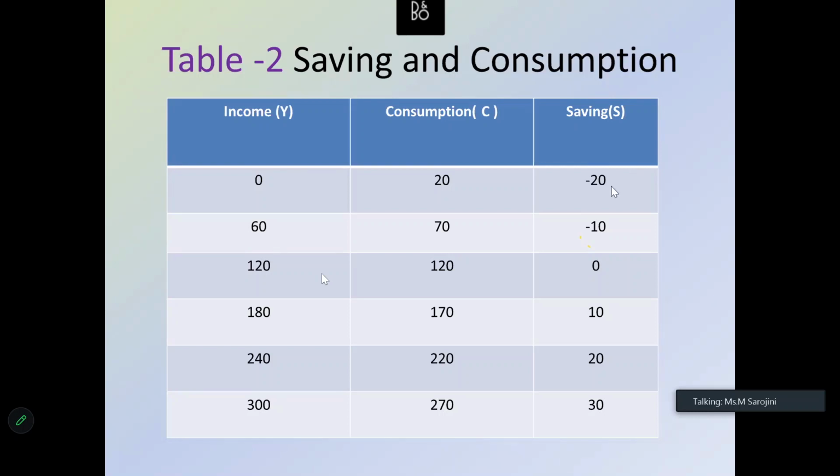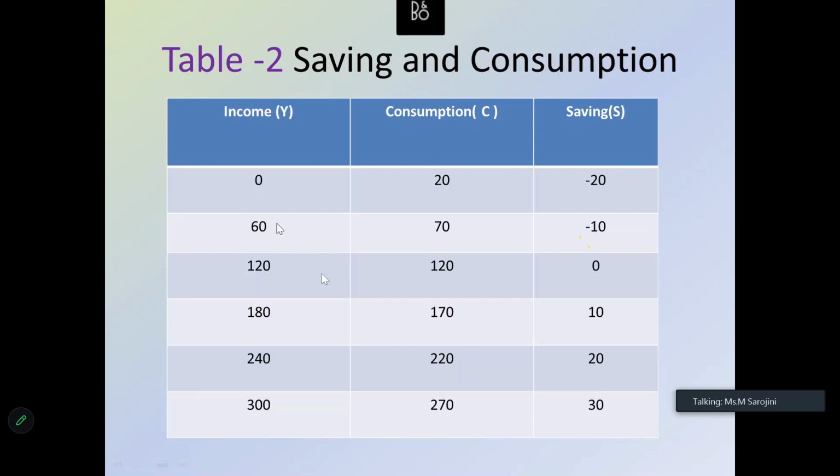They are using their past saving. Because of that, here saving is minus. They are utilizing their saving for this period, for the income zero. Therefore, here consumption is there, but there is no saving. Saving means they are utilizing their previous saving.